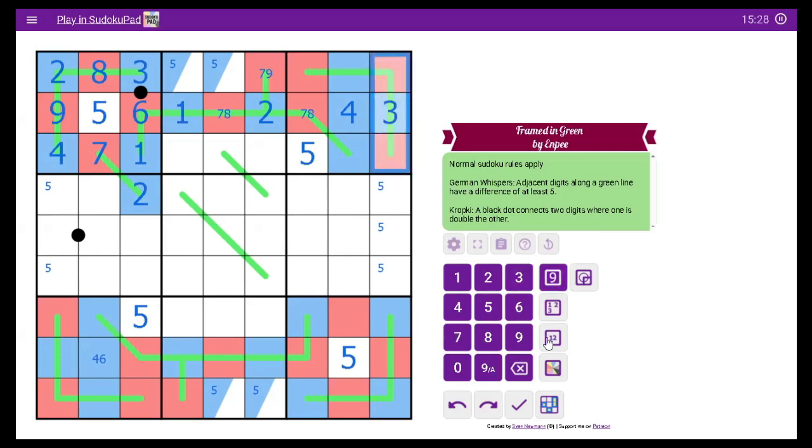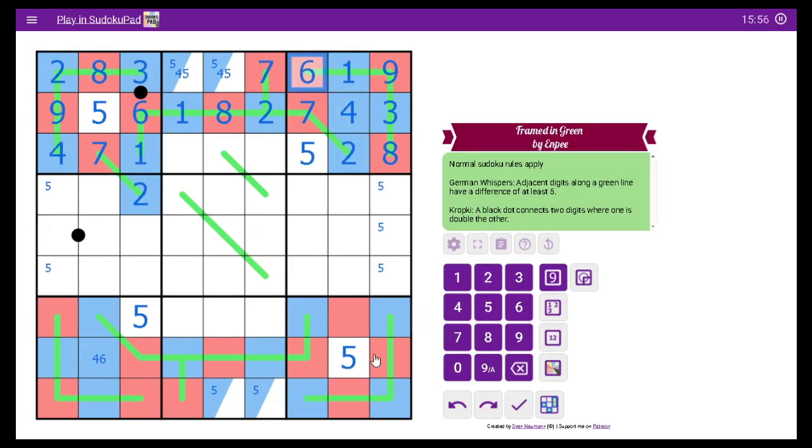So that means these are an 8, 9 pair. That means this is an 8. That is a 9. Forces a 7 here, forces a 7 there. Forces an 8 there. This is now a 4, 5 pair. These are 1, 2, so this is a 2. That is a 1, that is a 6. So far, doing really, really good.